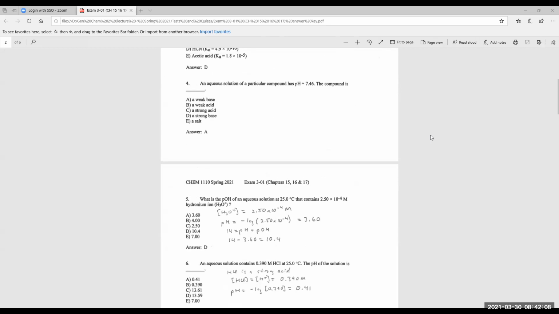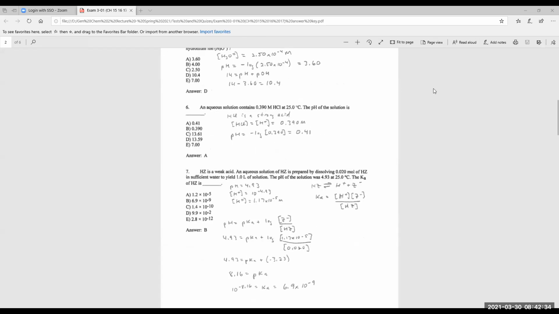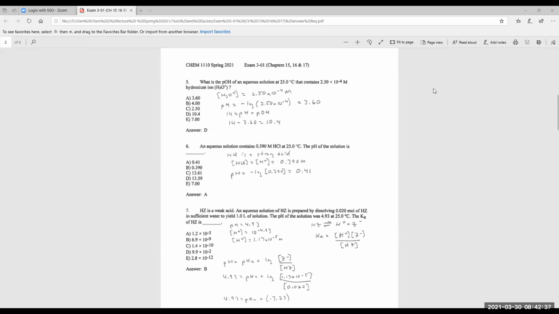Number 4, an aqueous solution of a particular compound has pH of 7.46. What is the compound? The answer is a weak acid. Number 5, what is the pOH of an aqueous solution that contains 2.5 × 10⁻⁴ hydronium ion?